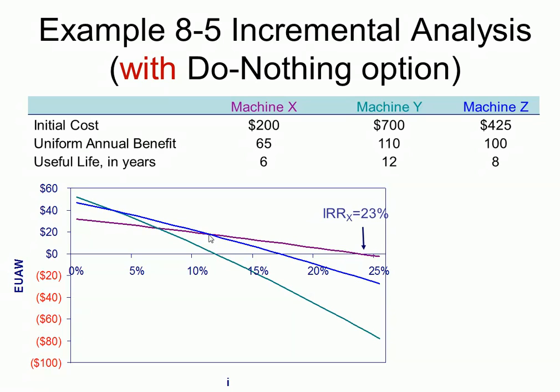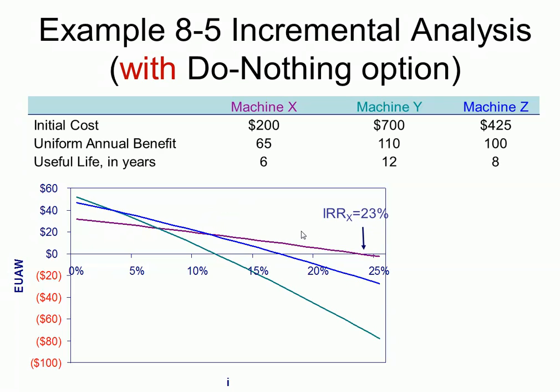This is the point that gives us the incremental rate of return of machine Z minus machine X. In fact, that falls under 11%. Therefore, we're going to go with machine X as long as the minimum attractive rate of return is between 11% and 23%.